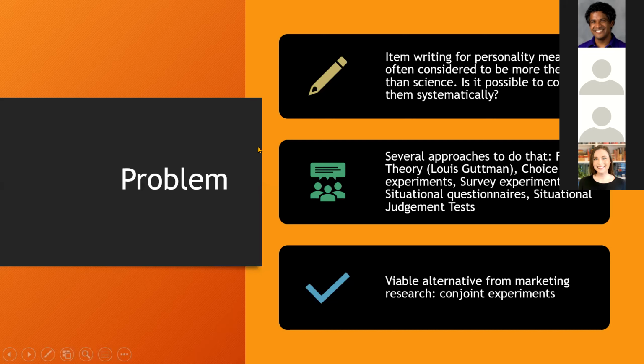So my problem was to find some theory to construct structure for personality scales. And there are some existing approaches to do that. For instance, facet theory of Louis Guttman, or choice experiments, or survey experiments, situational questionnaires, or situational judgment tests.